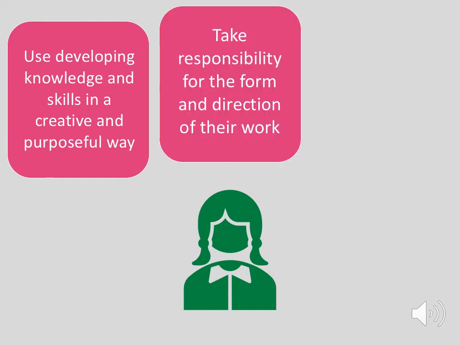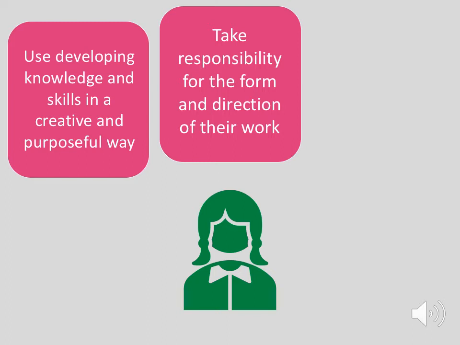The next stage is that they take responsibility for the form and direction of their work. For me, this is where I would use the word autonomous. And I use it instead of the word that's often used, which is independence. Independence implies that they're going to work on their own, whereas autonomy relates much more closely to this taking responsibility, where they are making decisions for themselves.